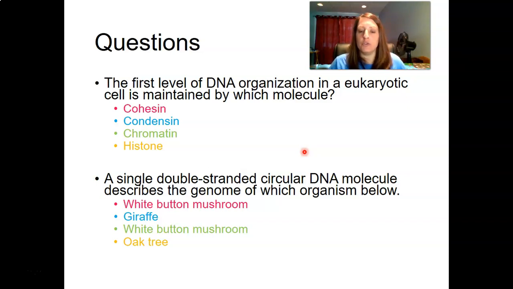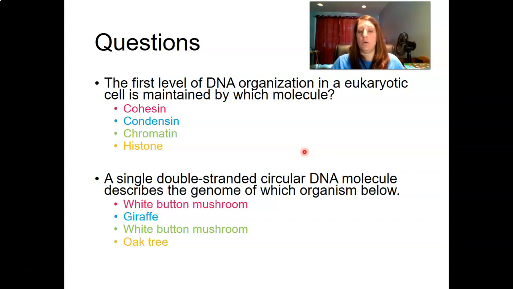A white button mushroom would be a fungus, belonging to the kingdom fungi, and that would be a eukaryotic organism. And lastly, the oak tree would be a plant belonging to the kingdom Plantae and the domain Eukarya. So the giraffe, the white button mushroom, and the oak tree are all examples of eukaryotes.